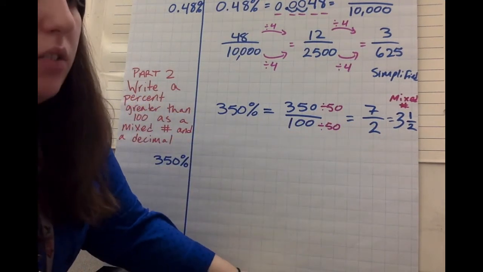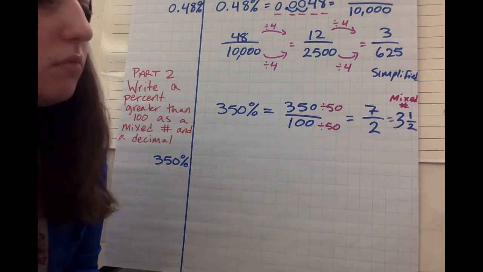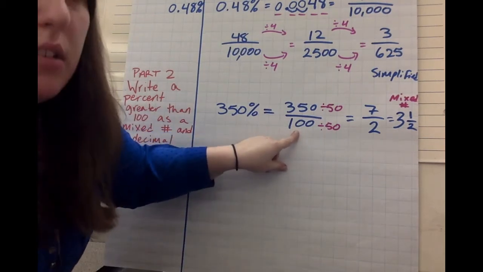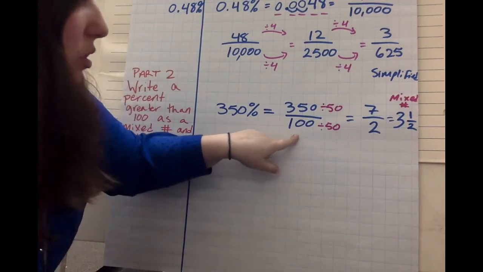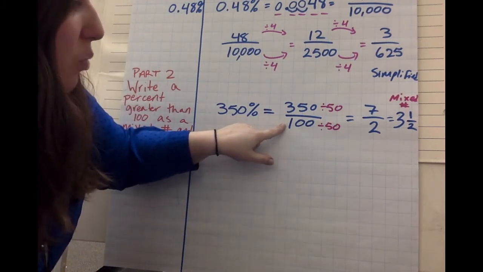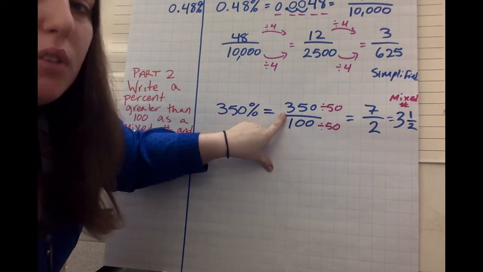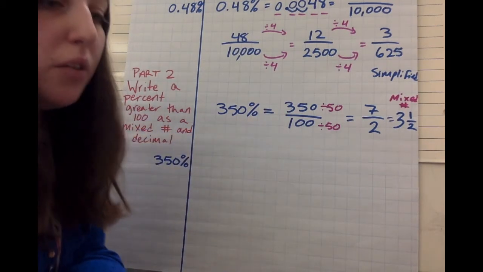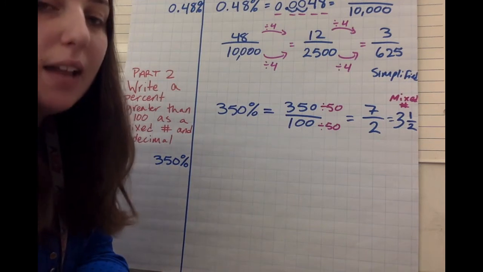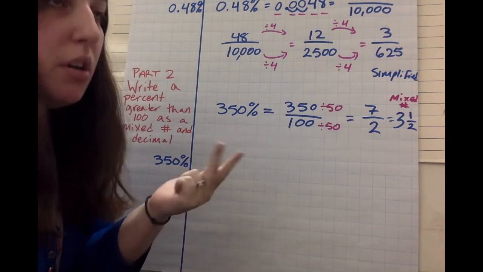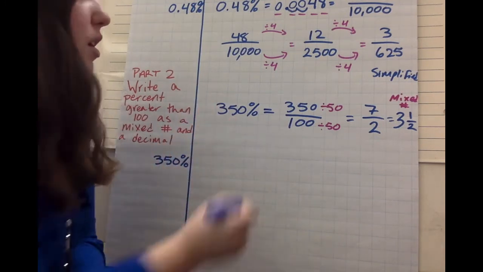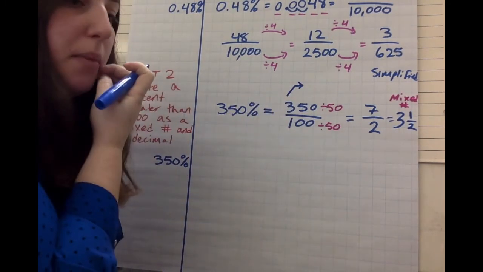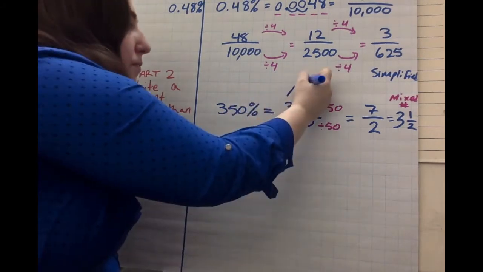One more thing to add to this. I could have simplified this a different way. I could have asked, how many times does 100 go into 350? If I thought to myself, well, 100 goes into 350 at least 100, 200, 300, 3 times, little arrow up there as a side note.